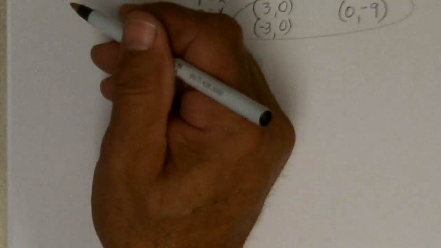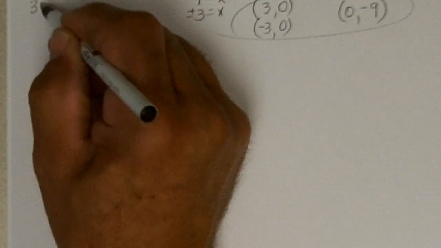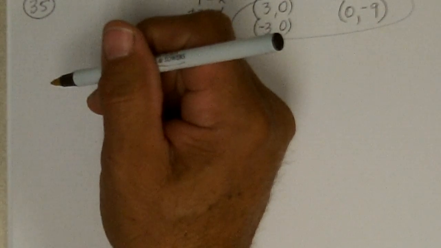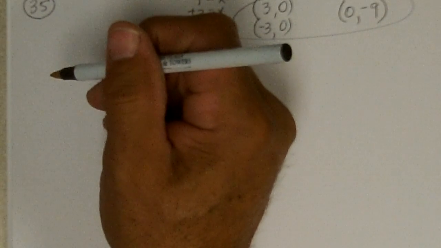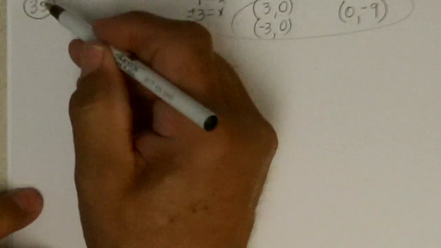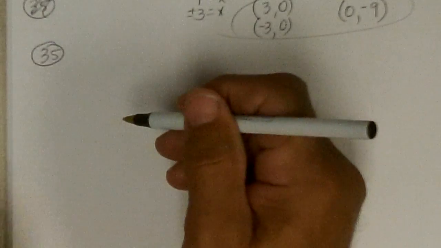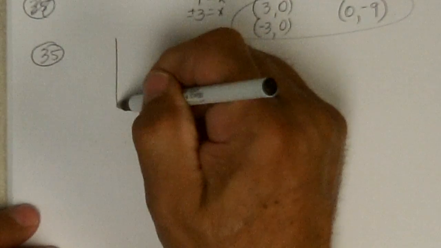Next one is 35. Let's see here. 35 is a graph. I'll move it down here. I'll quickly sketch the graph that's in the book.